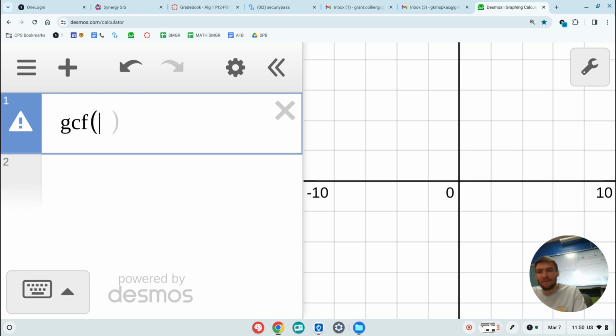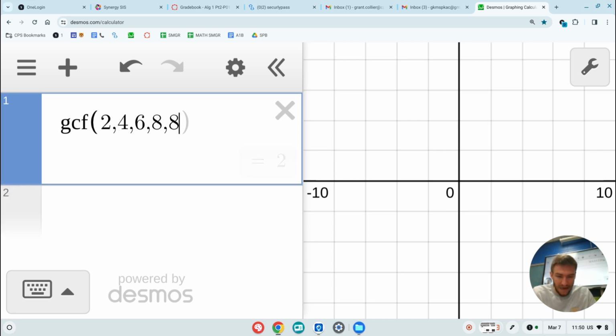Then we're gonna type a parenthesis, and then all the numbers we want with commas in between. So, for example, we could type 2, 4, 6, 8, 88, 246. And Desmos can handle all of that.